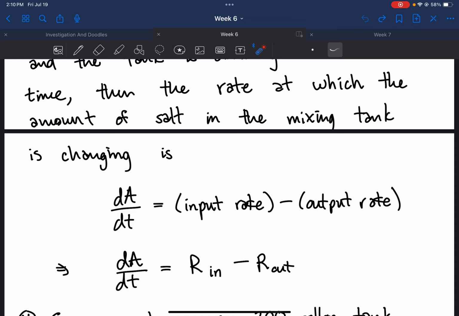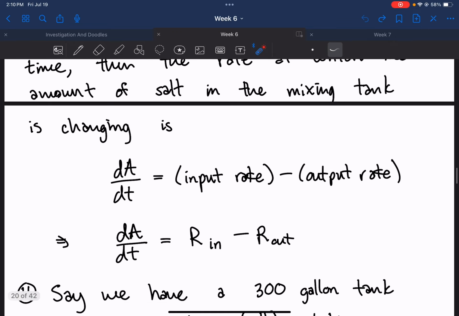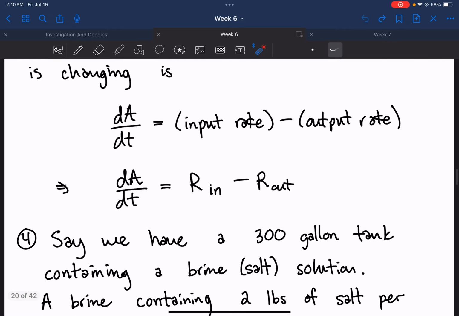The change in the amount of salt in the tank per unit time is the input rate of salt minus the output rate of salt. Usually we abbreviate this to R in minus R out.